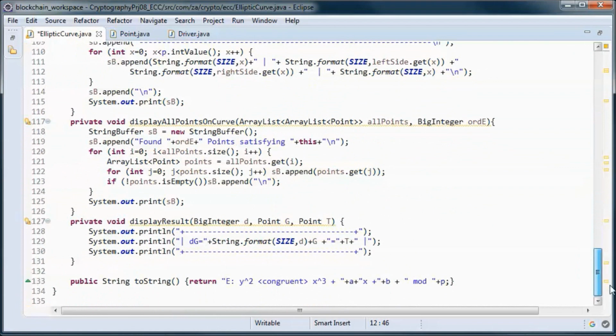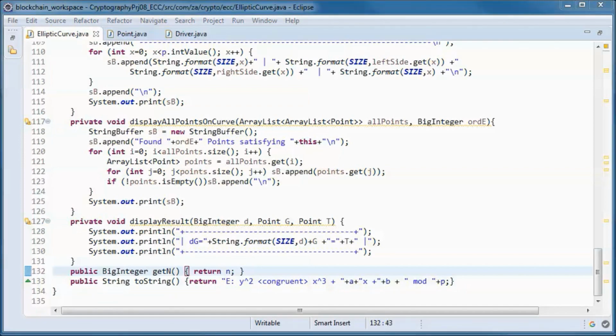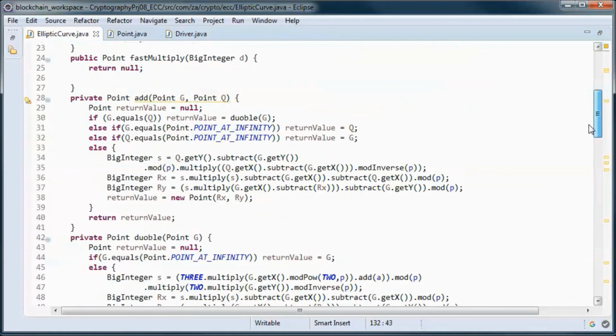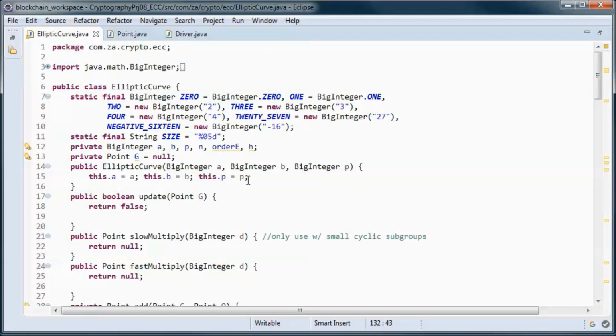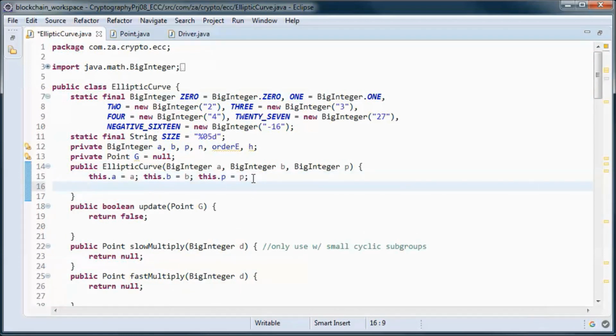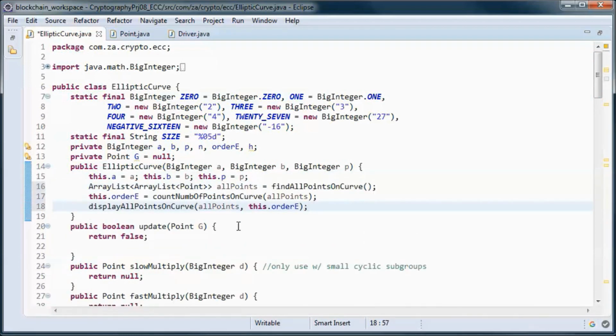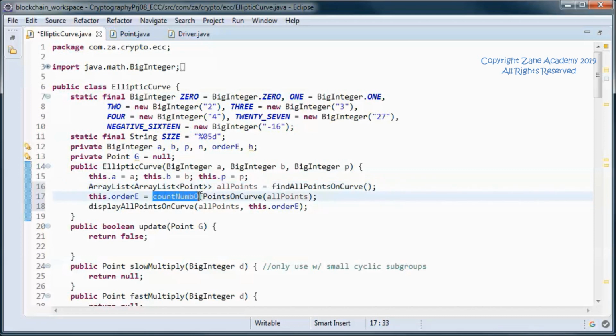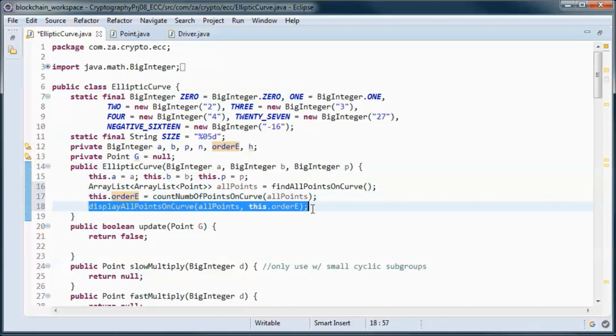And let's add a get method for n, and if we go back to the constructor, we'll find all the points that are on the curve and count the number of points on the curve. This would be the order of E, and then we display all those points.